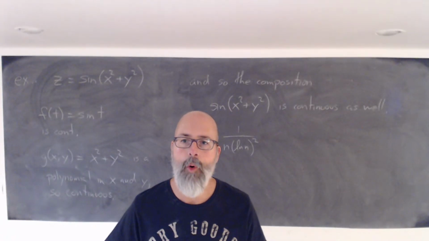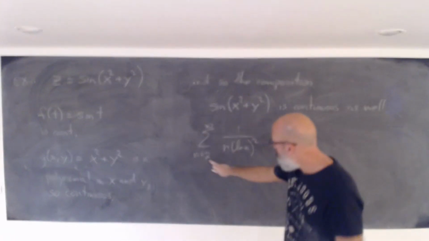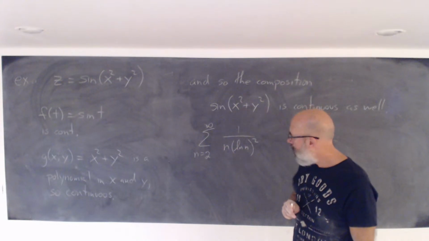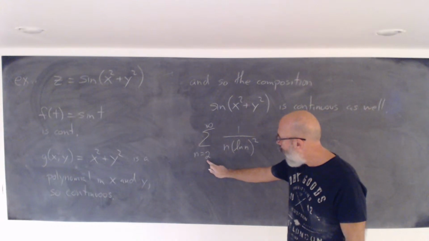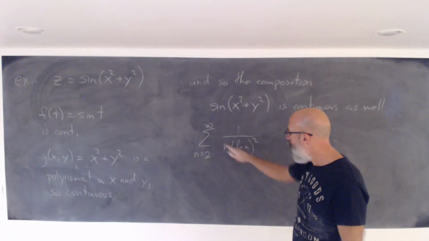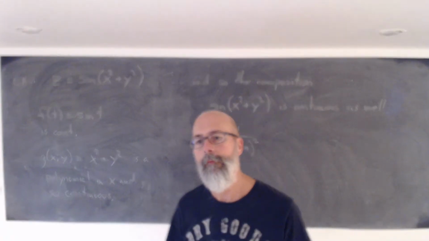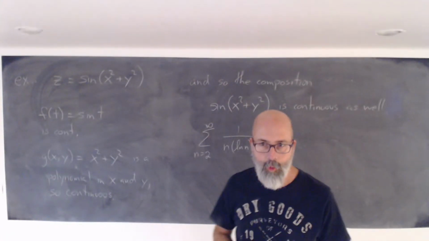Does the starting point of the n matter? It does not. Of course, you don't want to start when n is 0, because you get a 1 over 0, which is an issue. And if n was 1, ln of 1 is 0, so you still get a 1 over 0, so you don't want that either. So that's why they're starting this at 2. In general, it doesn't matter where you start.